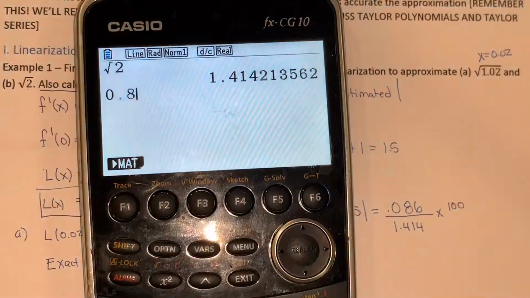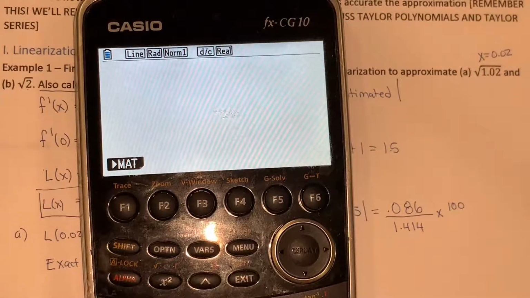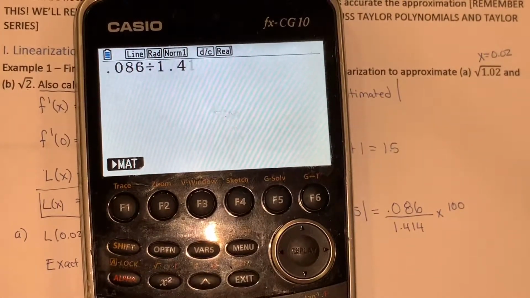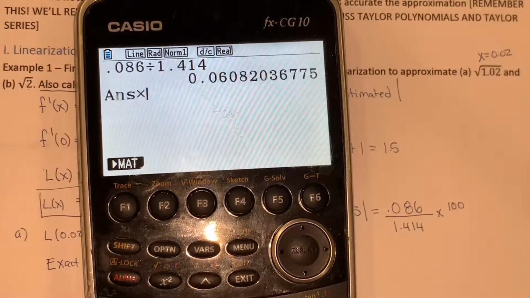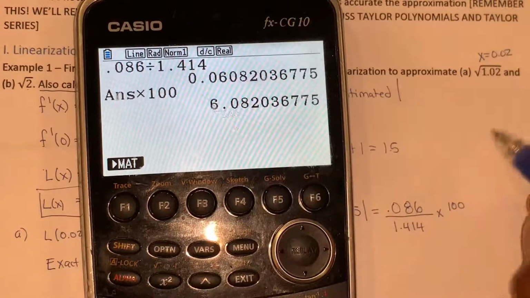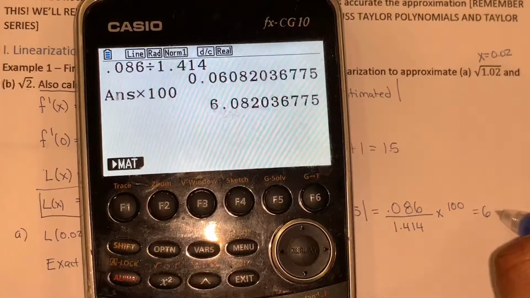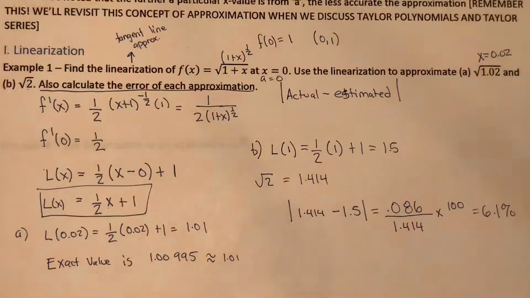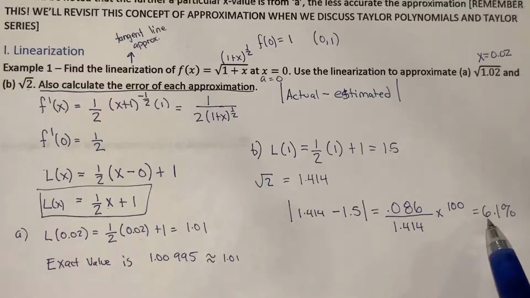So 0.086 divided by 1.414 times 100 is basically 6.1% error, which isn't terrible, but is probably further off than the 5% error that is standard.